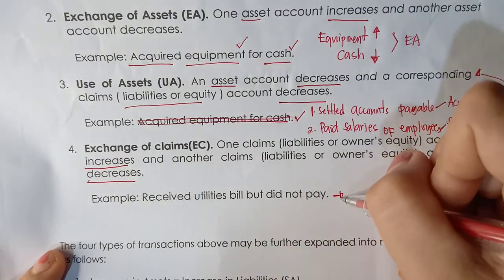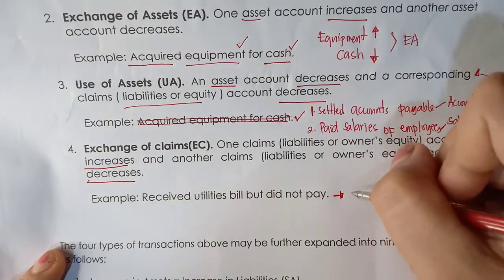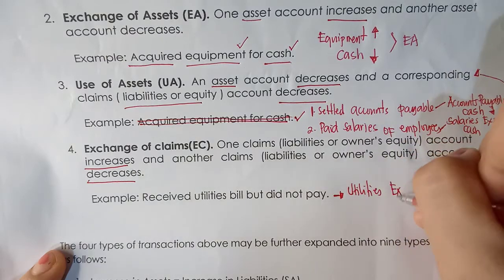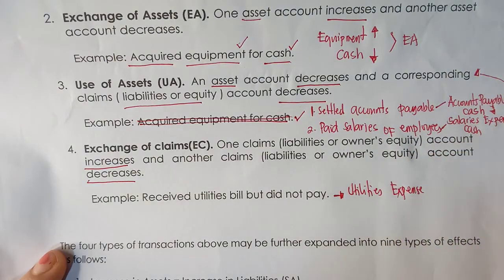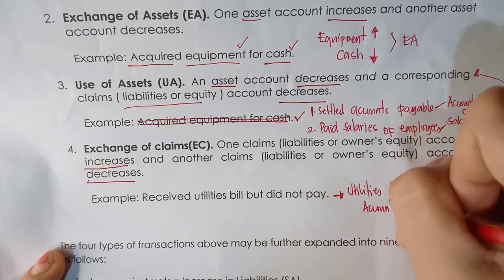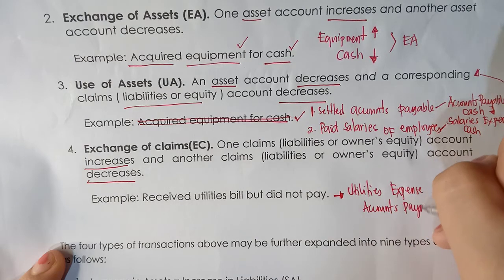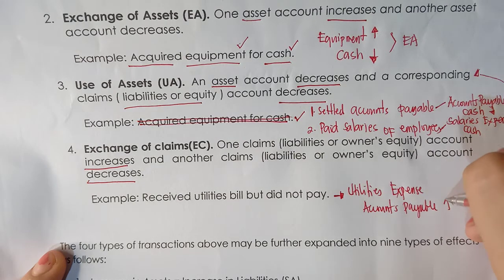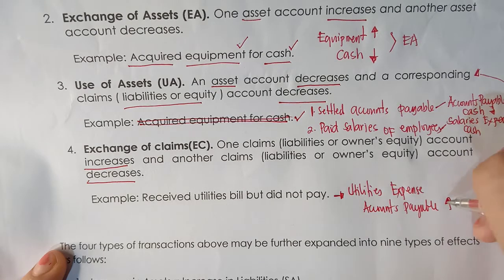So the journal entry for this transaction is debit utilities expense and credit accounts payable. So here, the utilities expense is under the owner's equity, so diba it will decrease the owner's equity and also the accounts payable increases the liability.